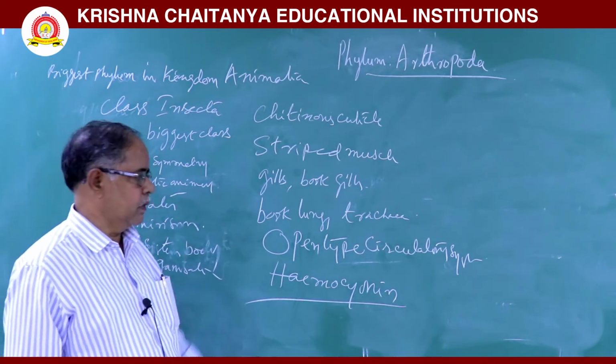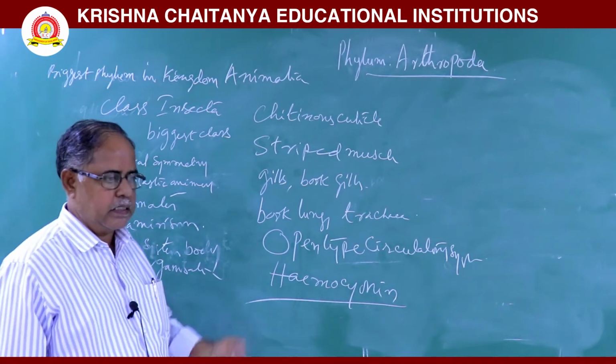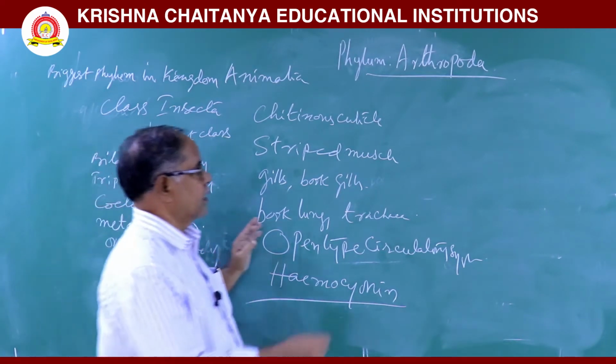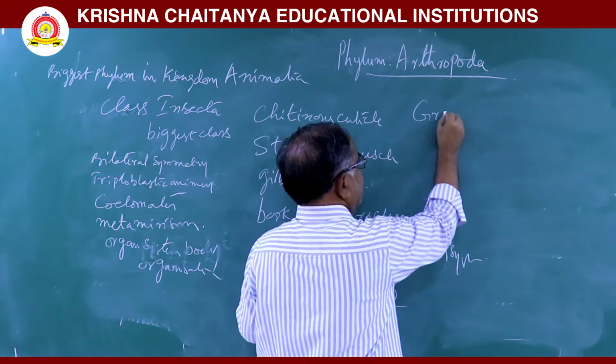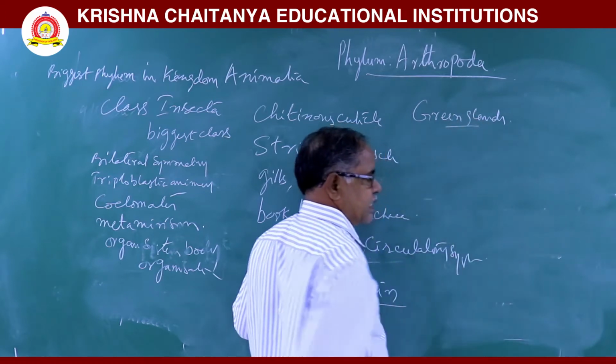Next, in the excretory system, in some, the green glands or antennary glands work as excretory organs.